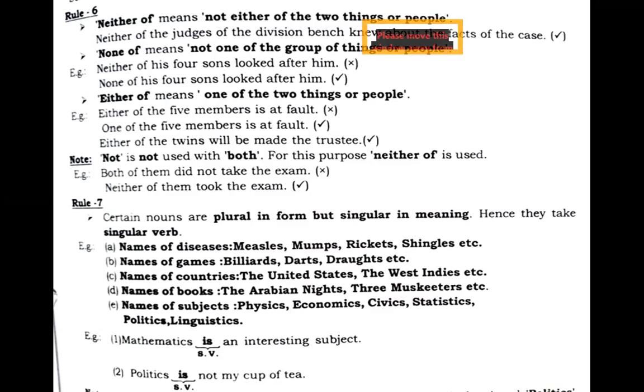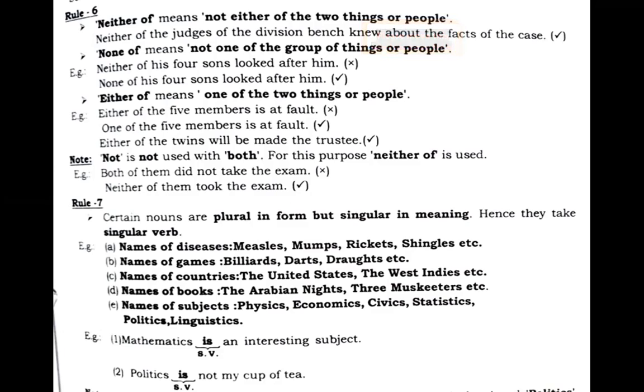Now let's go to rule number 7. Certain nouns are plural in form but singular in meaning, hence they take a singular verb. Some nouns are plural in form, students, but the meaning is singular. That's very important, as I have found the maximum number of students making mistakes here.